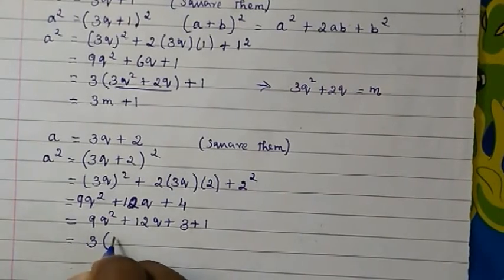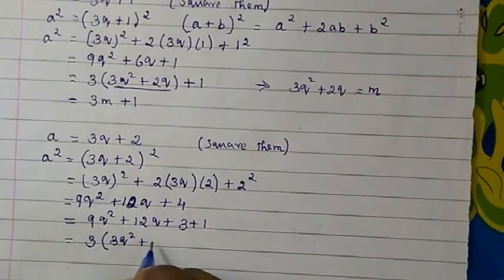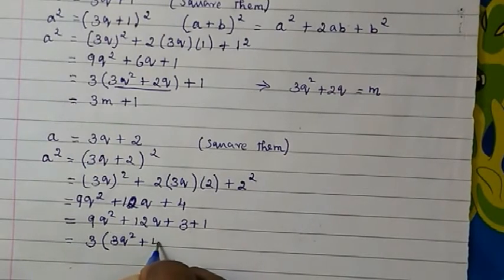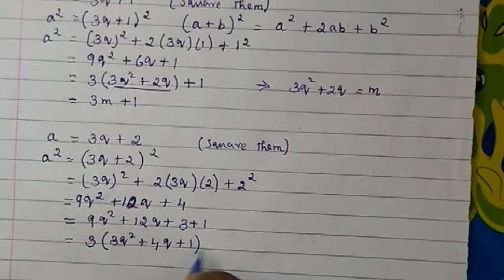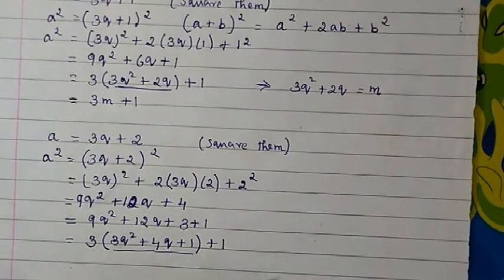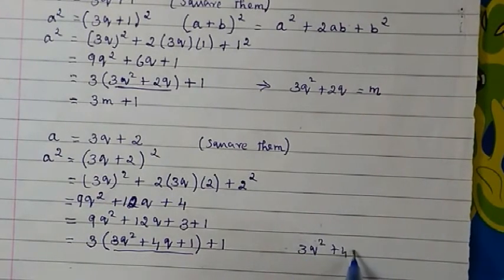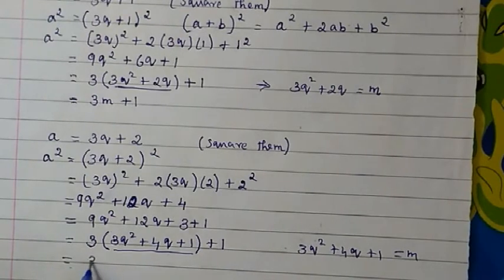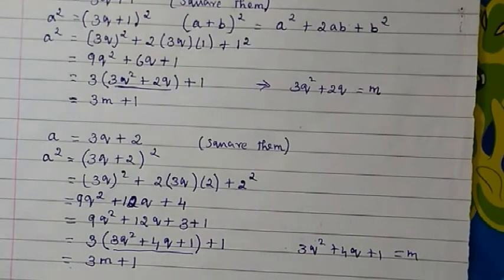So we'll take 3 out as common. Then we will get 3q square plus 4q plus 1, and plus 1. So now if we consider 3q square plus 4q plus 1 as m, we can write this as 3m plus 1.